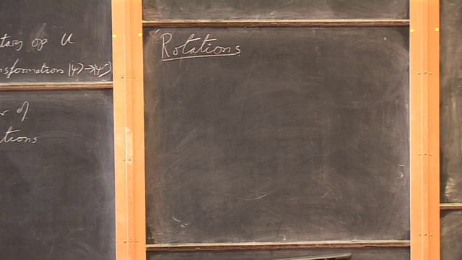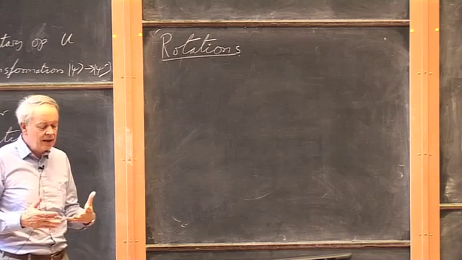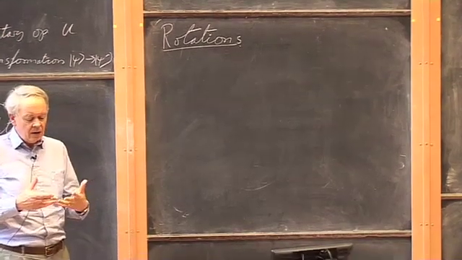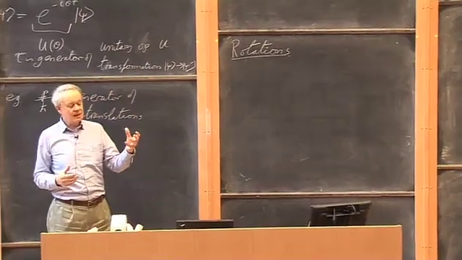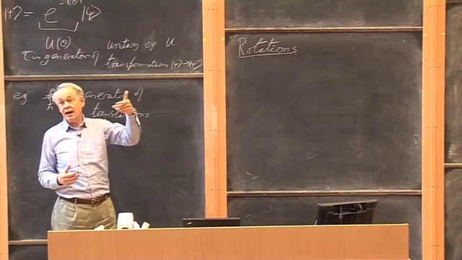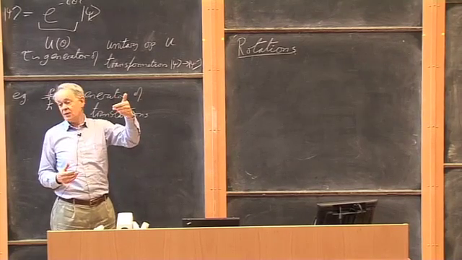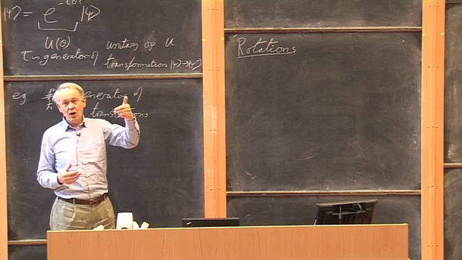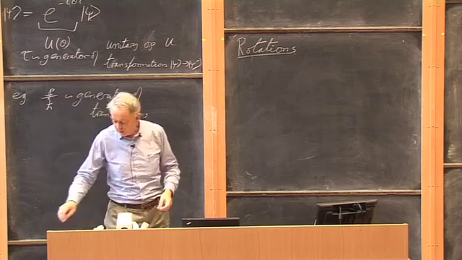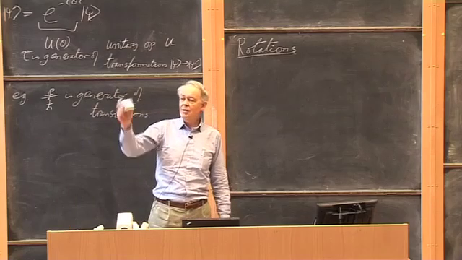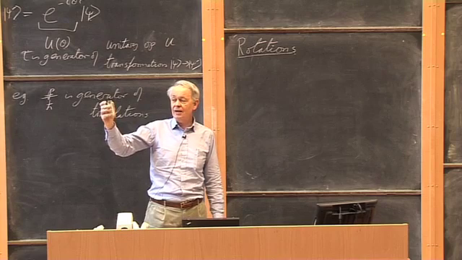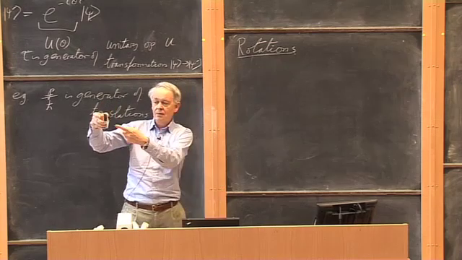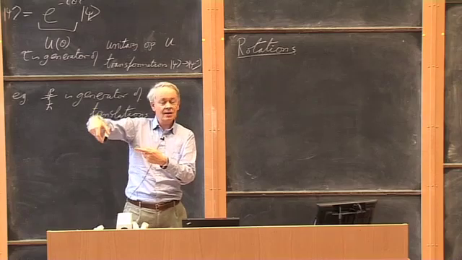So we should expect that there's more than one generator of rotations, because in order to specify a rotation, we have to specify a rotation axis and how far around that axis we're going to go. Right? Here's a solid body, I can rotate this in a whole variety of ways. To specify one rotation, I specify the axis I'm going to rotate around, and I specify how far around that axis I'm going to rotate.